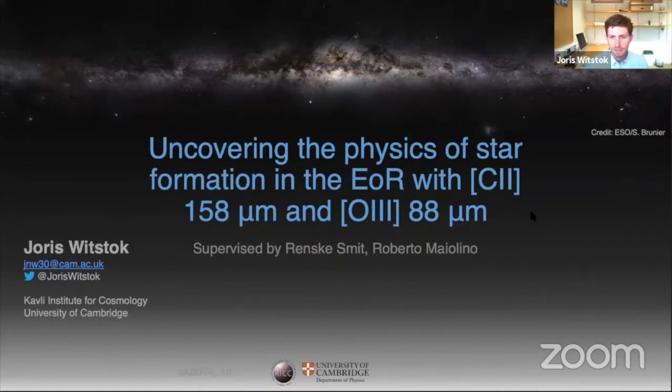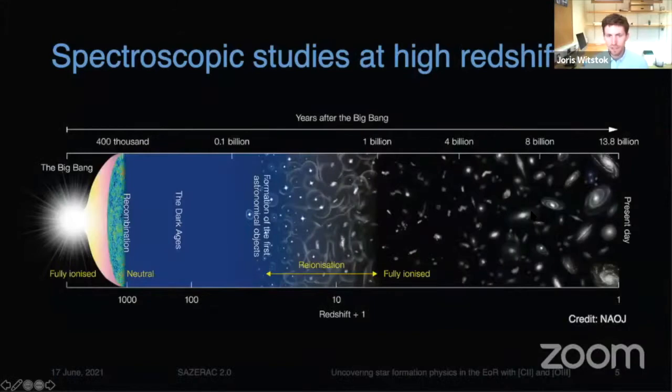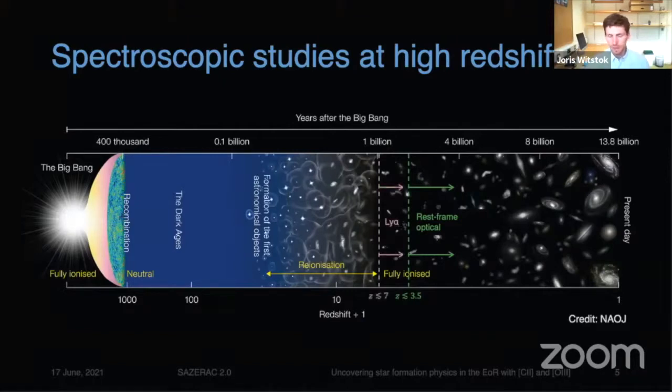Very briefly, we've all seen this overview many times now, and I'd just like to point out again that before James Webb, the rest frame optical was really limited to the lower redshifts. Even if you go to the rest frame UV, where the brightest line is of course Lyman alpha, this starts being absorbed at redshifts of about 6 or 7.